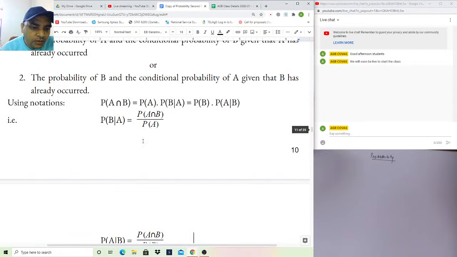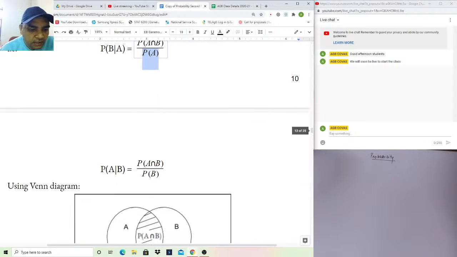So simple to learn: if A has occurred, then in the denominator is the probability of A; if B has already occurred, then in the denominator is B.